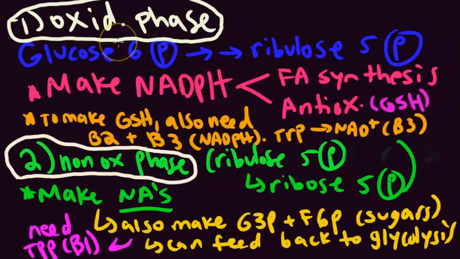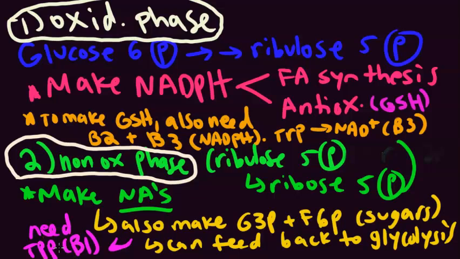We convert glucose to glucose 6-phosphate, which is used in the shunt. And then the sugars that you make here, the G3P and the F6P, can go back to glycolysis. Hence, this is a shunt. And making these sugars actually involves transketolase enzymes, which require the coenzyme B1 or thiamine pyrophosphate, TPP, to work.